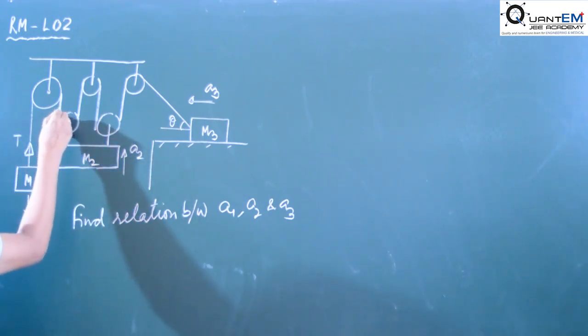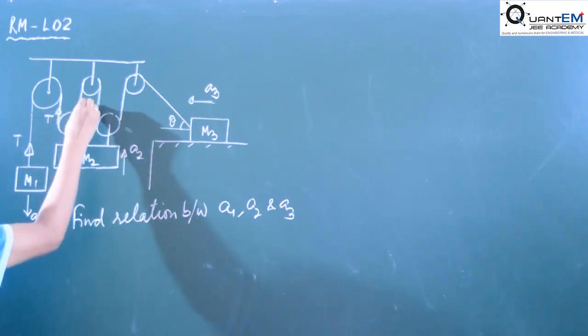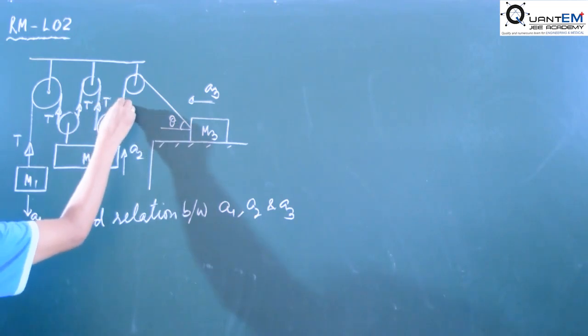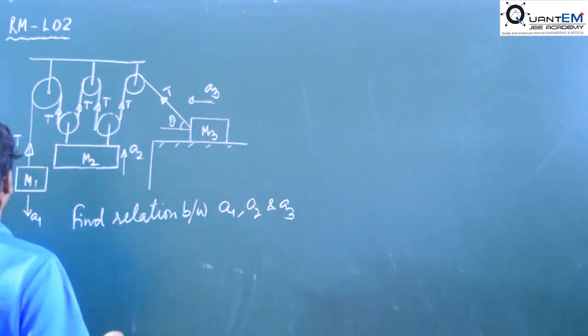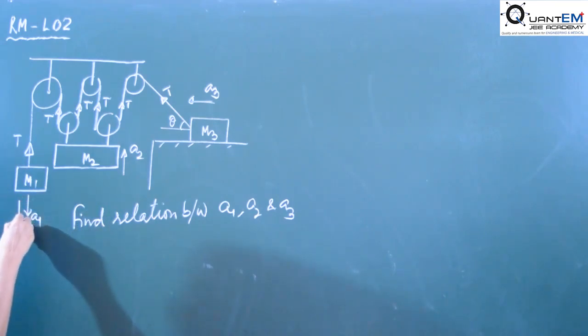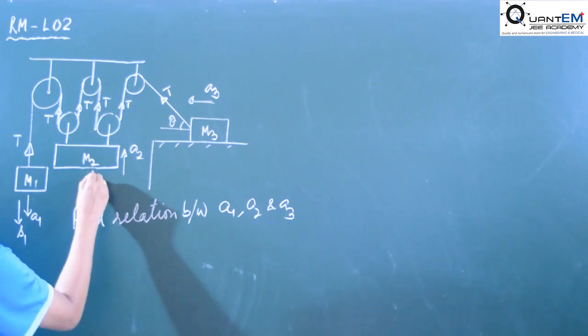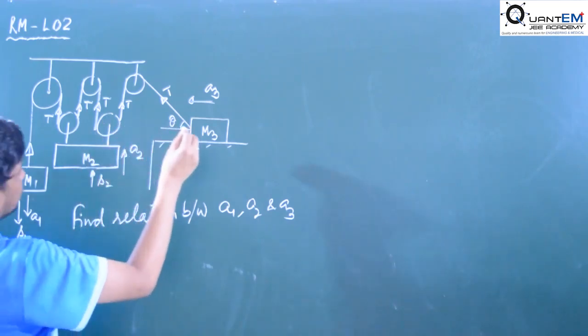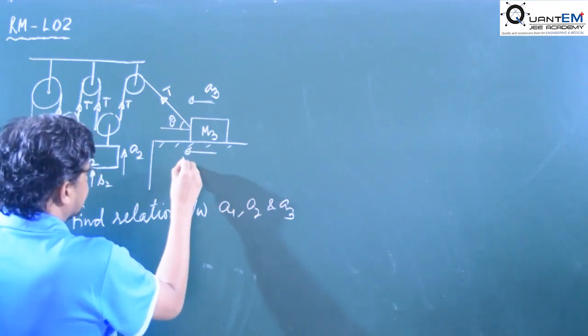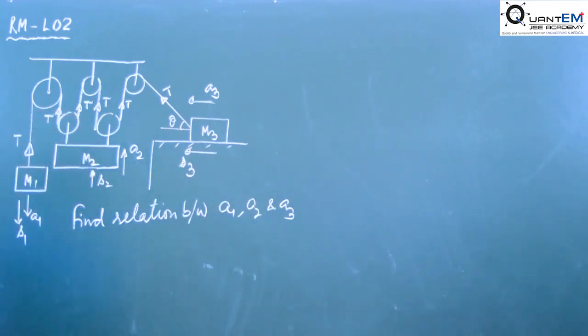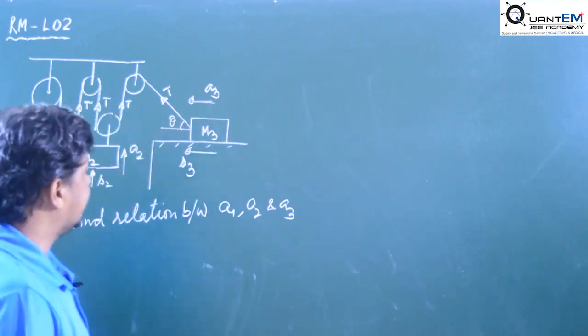Tension is directed away from the mass: tension T, tension T, tension T, tension T, and here we have tension T. Suppose this one is moving down, the displacement is s1, this one is moving up, displacement is s2, and for this we have displacement s3. The similar relation will hold for velocity and acceleration.